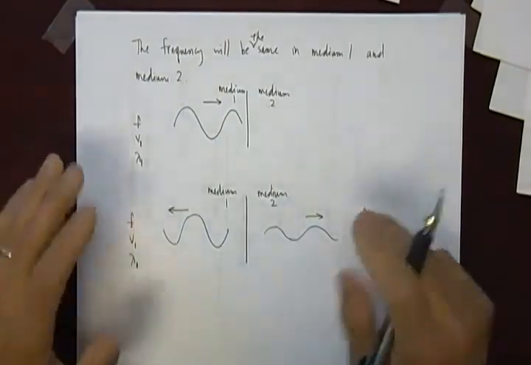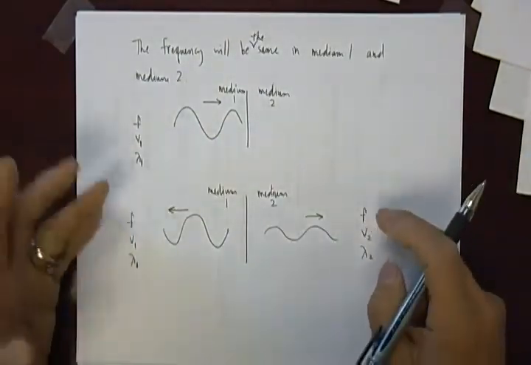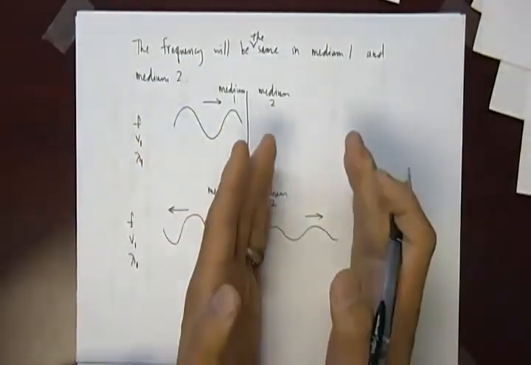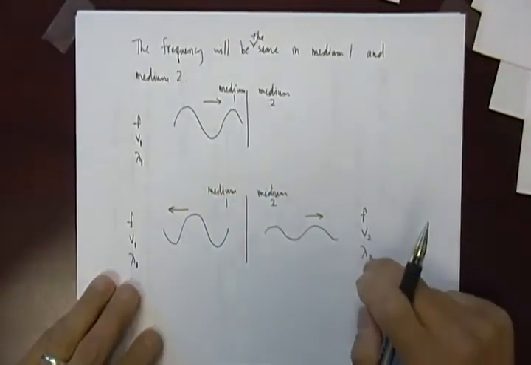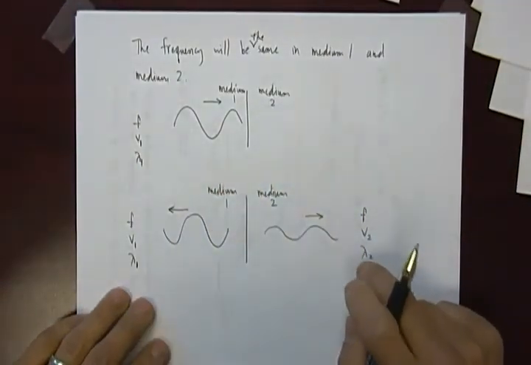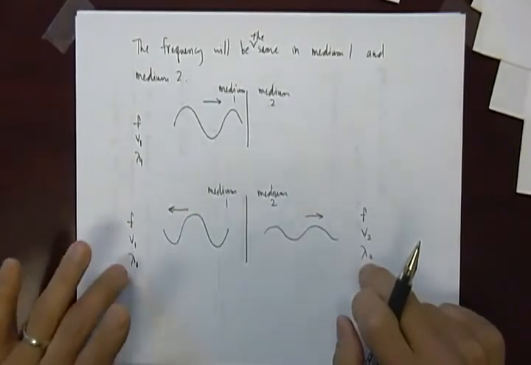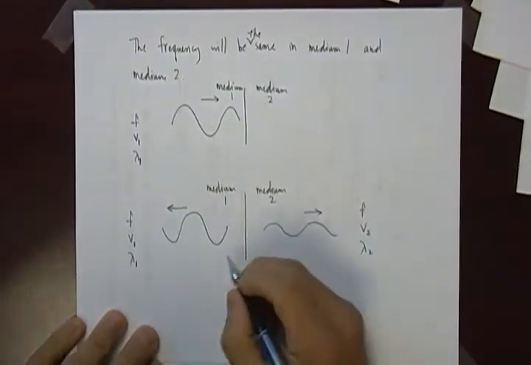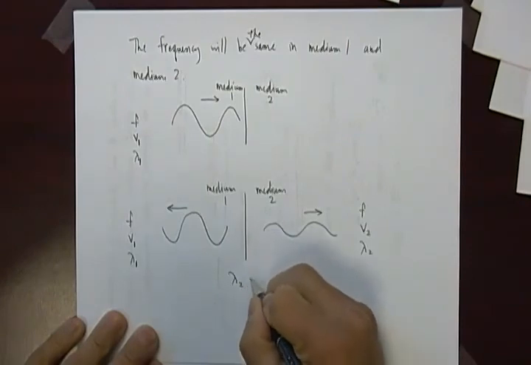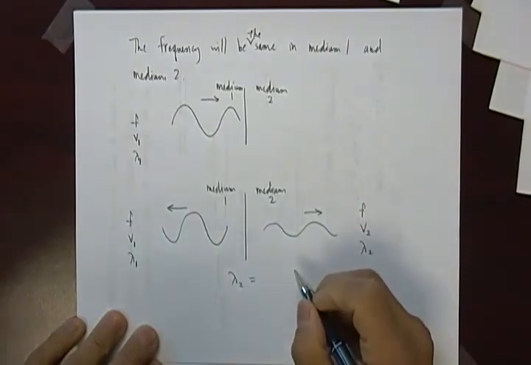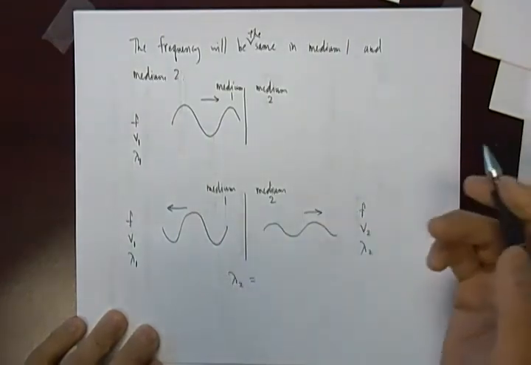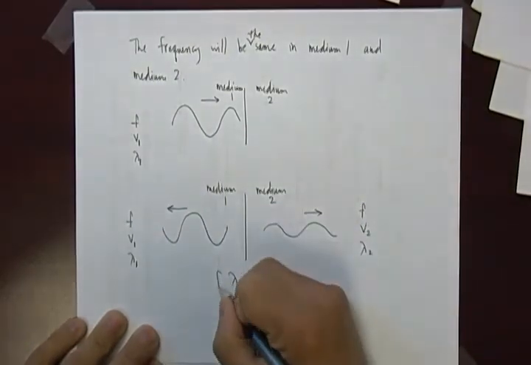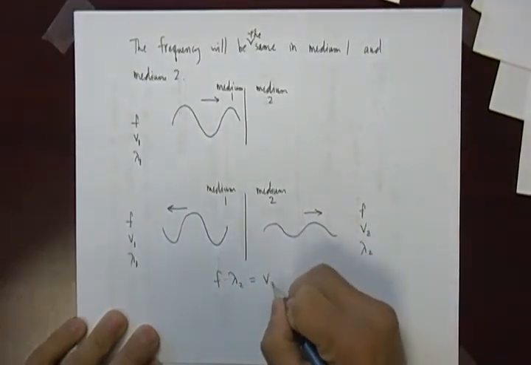So the frequency will remain the same. That's very simple. The wave speed you can calculate just from the property of the material. But you might want to know what is the relationship between lambda 2 and lambda 1. Okay. So let's do that. It's a pretty quick calculation. So what do I know? I know the wavelength times the frequency is my wave speed.